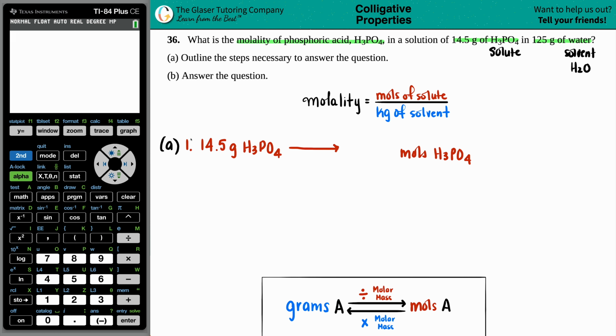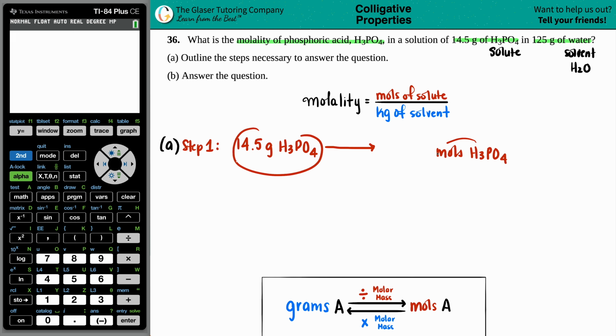Maybe I'll just say step 1. There, that's much better. So we have to convert the grams into moles.